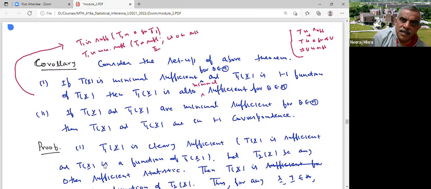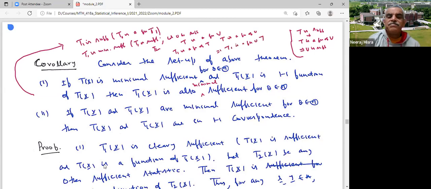Then, since t is minimal sufficient, t is a function of u. A minimal sufficient statistic is a function of any other. But t and t1 are one-to-one functions, so t1 is a function of t, which in turn is a function of u. That means t1 is a function of u, and you have proved it.